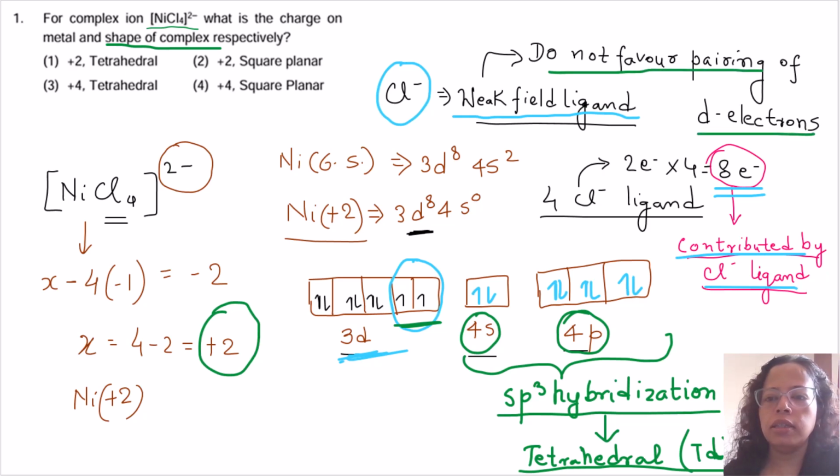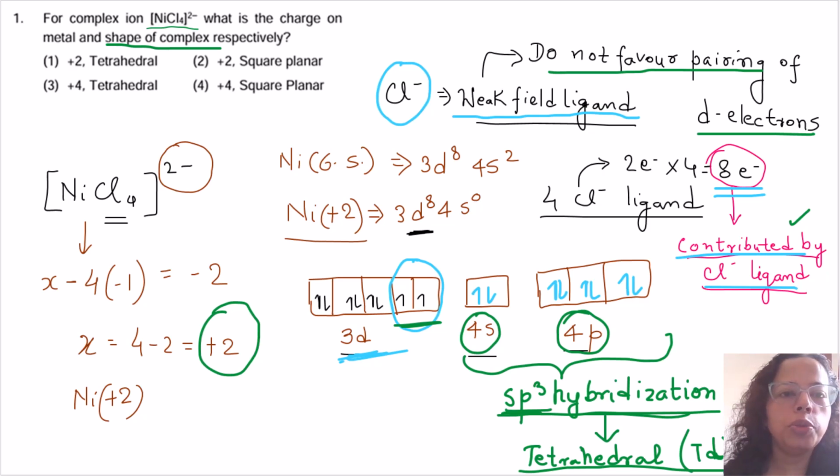And that is why the 8 electrons contributed by the chloro ligands are accommodated in the 4s and 4p orbitals.